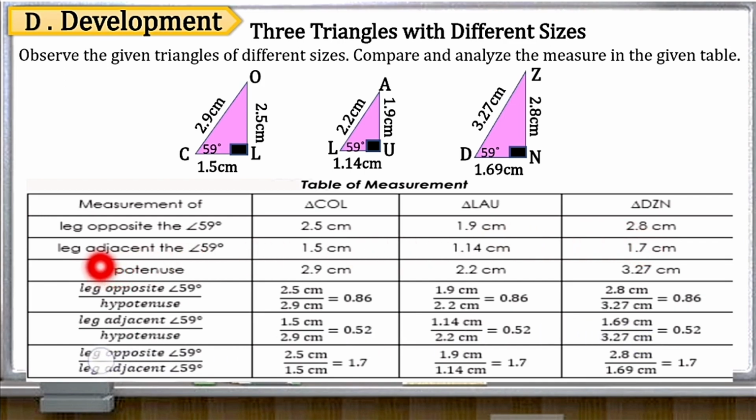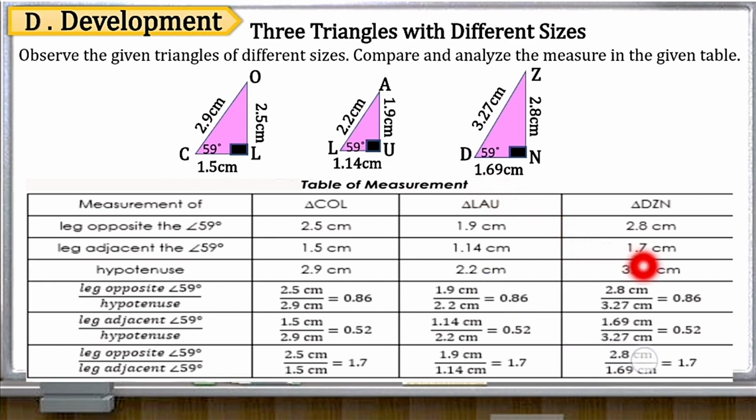Next, leg adjacent the 59 degree angle. So, yung adjacent naman sa 59 degree angle is 1.5 cm. Next is 1.14 cm. Next is 1.69 cm.